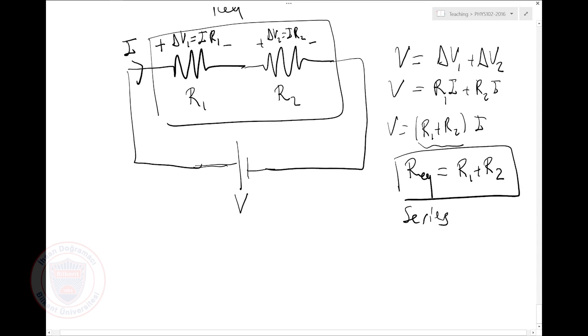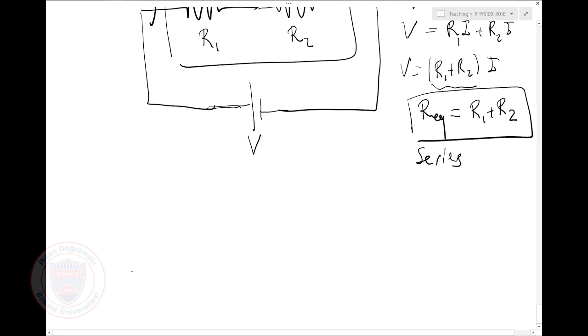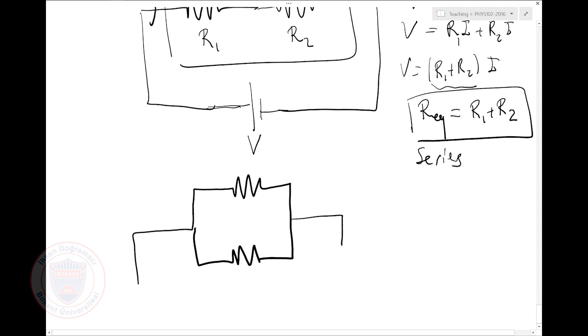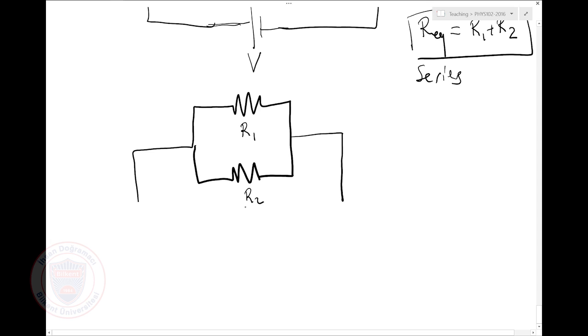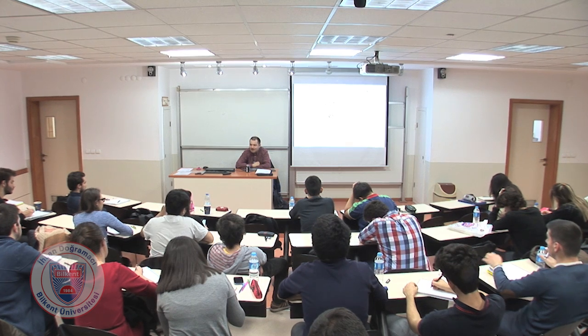Series connection. How about if I connect those resistors not in series but in parallel? So R1 here, R2 here, and if I connect them to V volts. Now, obviously, the voltage drop across the first resistor is equivalent to the voltage drop across the battery itself, right?